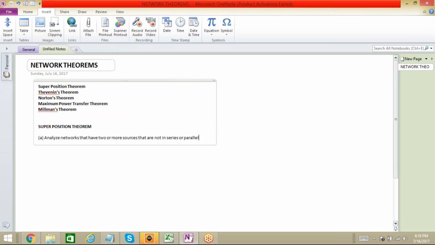This may be a voltage source or current source or both. Similarly, we can reveal the effect of each source on a particular quantity.